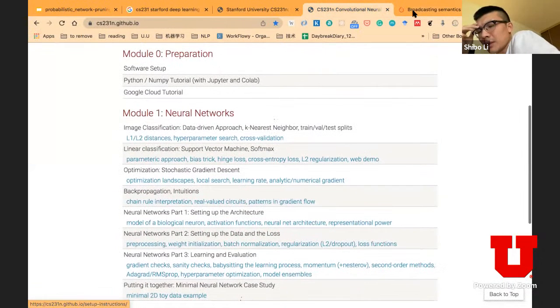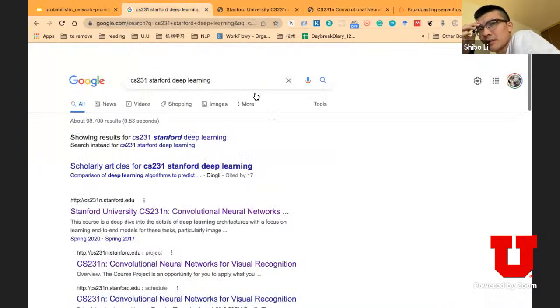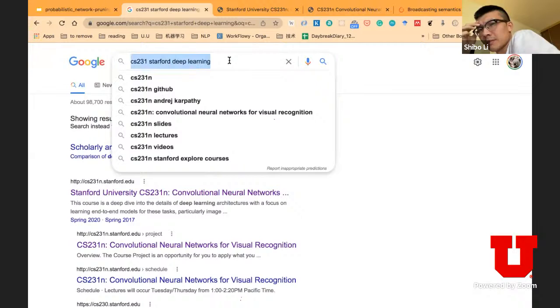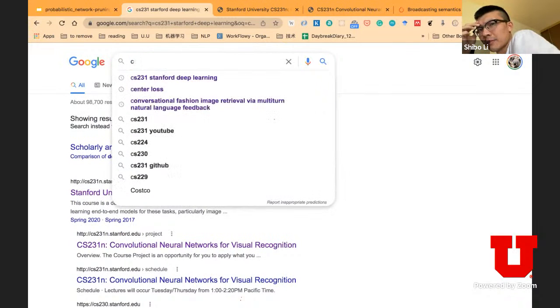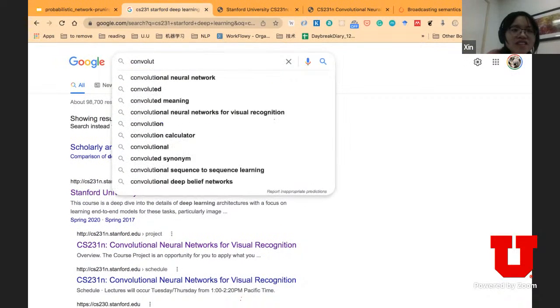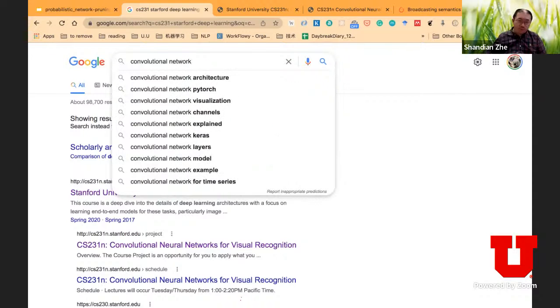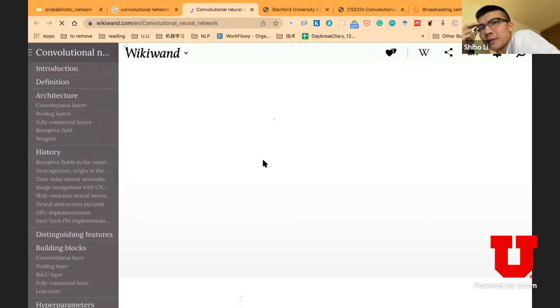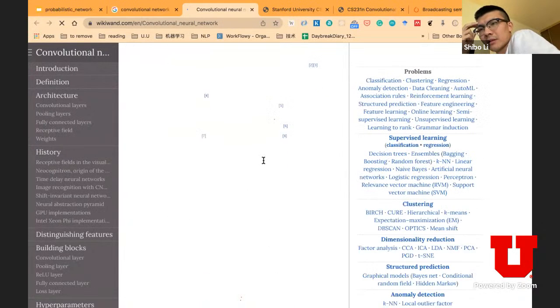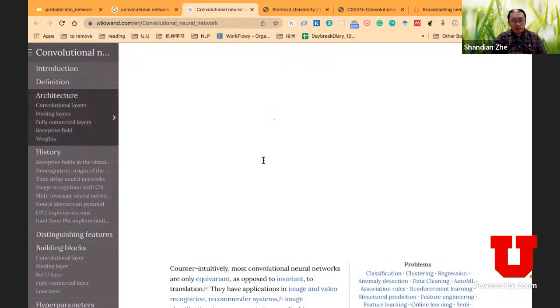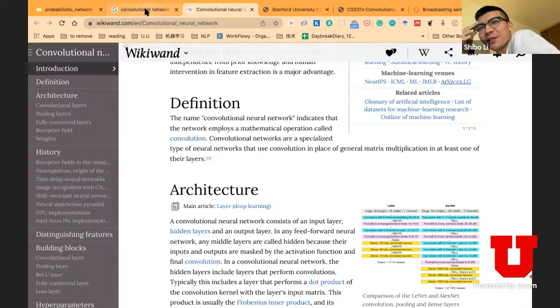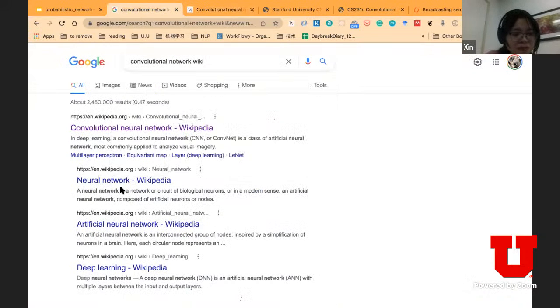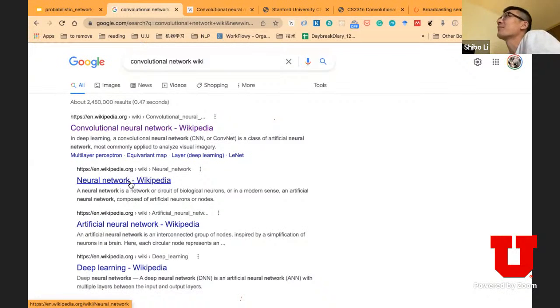Hi, Xin, can you open the Wikipedia page of the CNN? I think they have a good figure for that. Scroll down and you can see a structure figure. No, this is not Wikipedia, this is a wiki something.